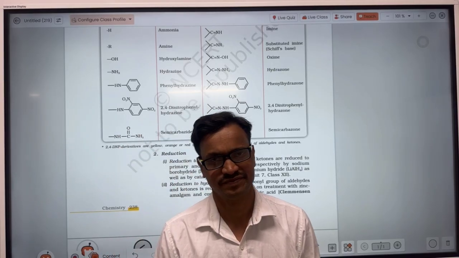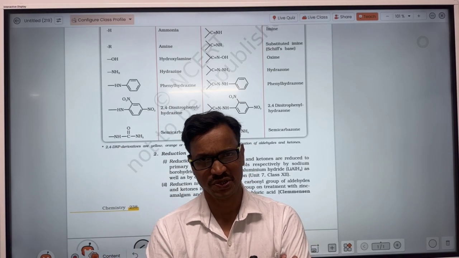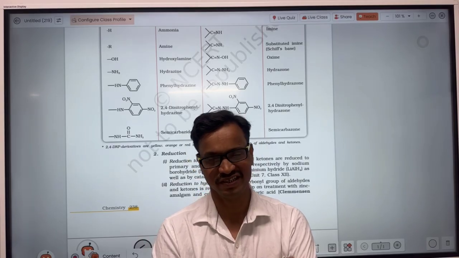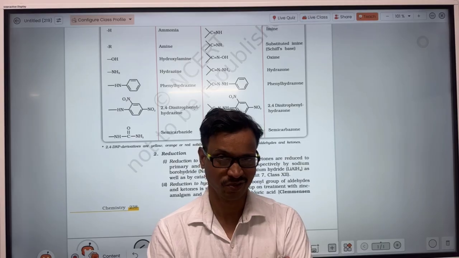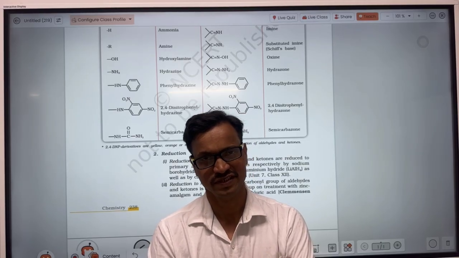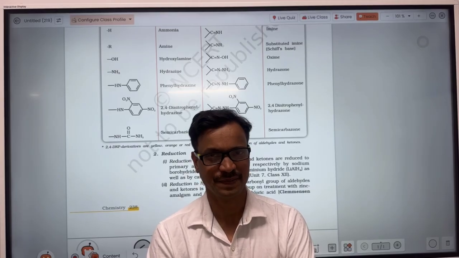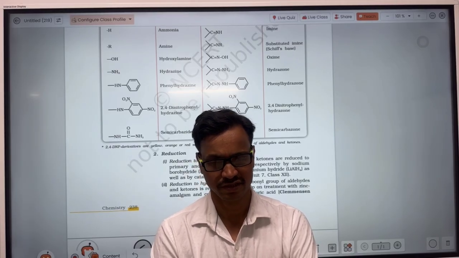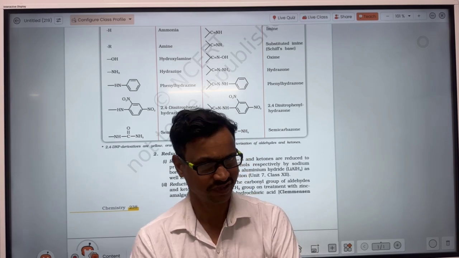Very simple. And when you take a very strong reducing agent to reduce the aldehyde or the ketone, then what will happen? The alcohol formed after the reduction of aldehyde or ketone will further reduce into alkane. So depending on the reducing agent, there will be formation of alcohol or alkane.